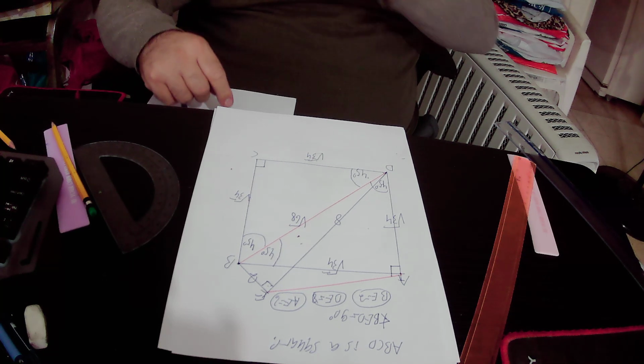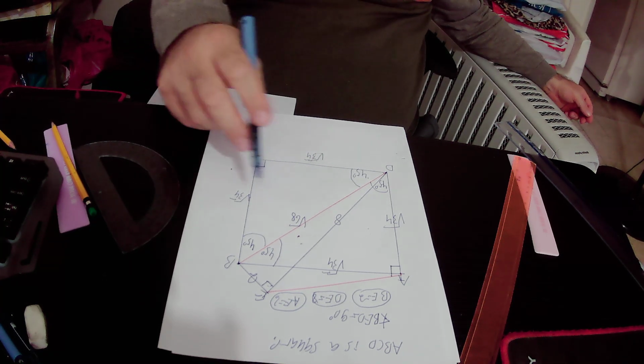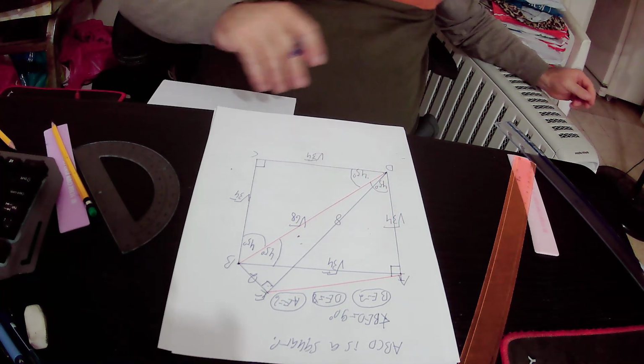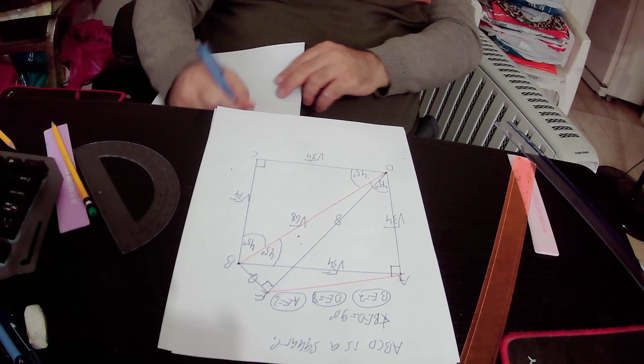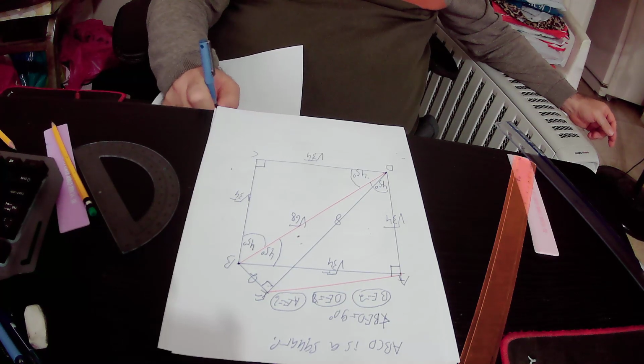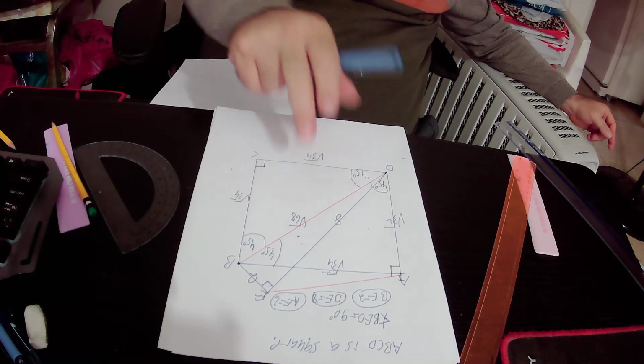Okay, I write it down. Angle BAD equals 90 degrees. This angle rests or subtends on line segment DB.